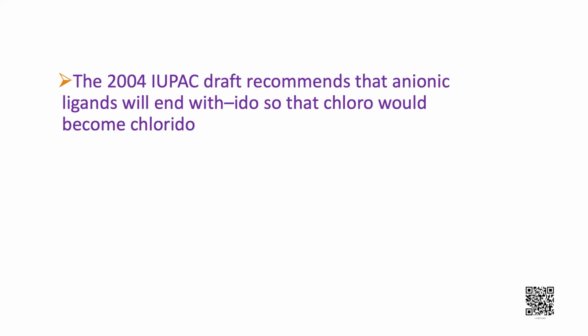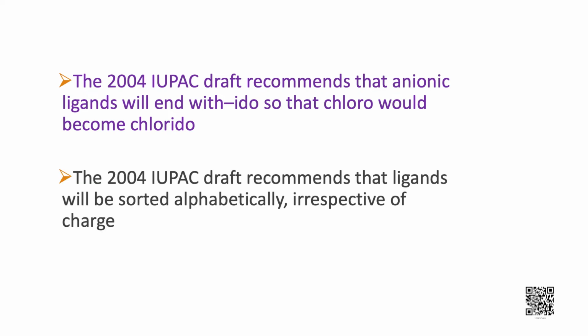Please note that the 2004 IUPAC draft recommends that anionic ligands will end with ido, so that chloro now would become chlorido. The 2004 IUPAC draft recommends that ligands will be sorted alphabetically irrespective of the charge.